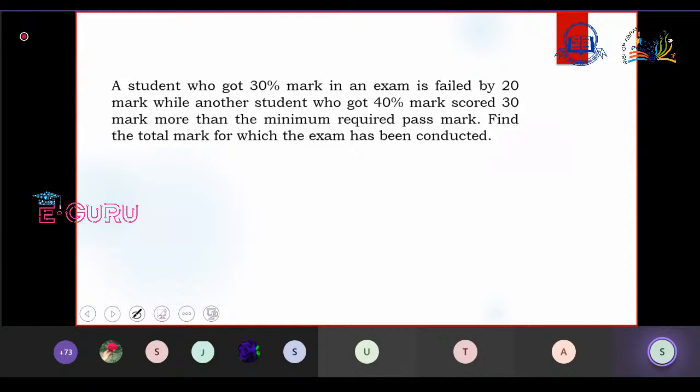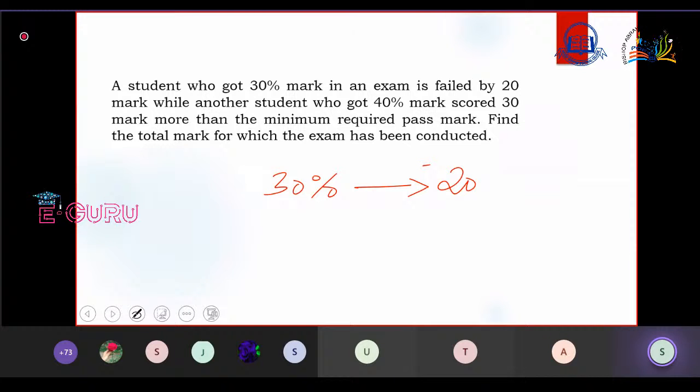Okay, let's do it. Again, you can use the linear equation, but I am not going with the linear equation. With the percentage itself, we can solve this. A person who got 30% marks failed in that exam with a shortage of 20 marks, so we can say minus 20.